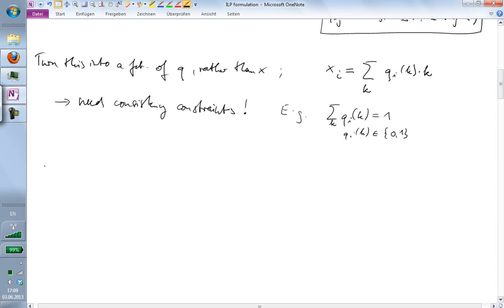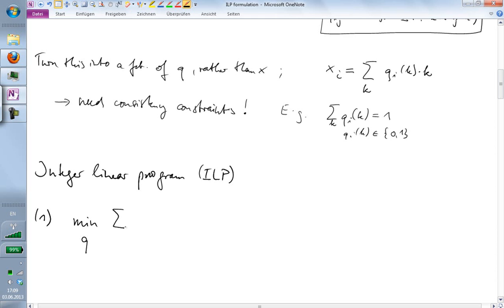And here it is. So I can write this as an integer linear program, or ILP for short. And I'm going to call this equation 1. It's the only equation with a number today, because I want to refer to it. So I want to minimize over all my indicator variables q, which I here simply collectively call q. Then copying down a little from above.